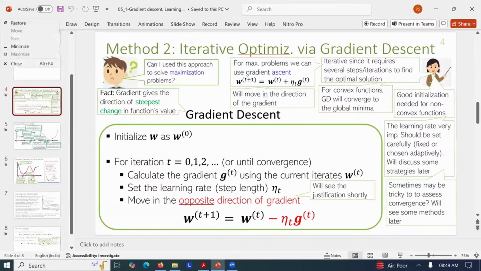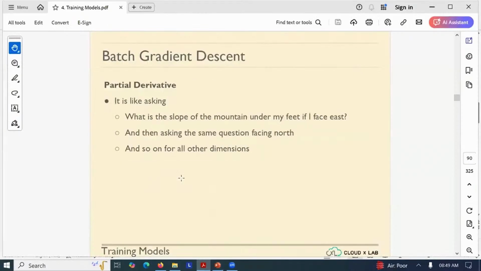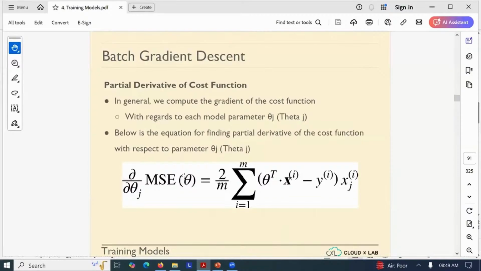Can you please go back to the previous screen? On the last element you have got x j i. What does this represent? See, here we have several theta values, right? If we have a linear model, then what will be our model here?